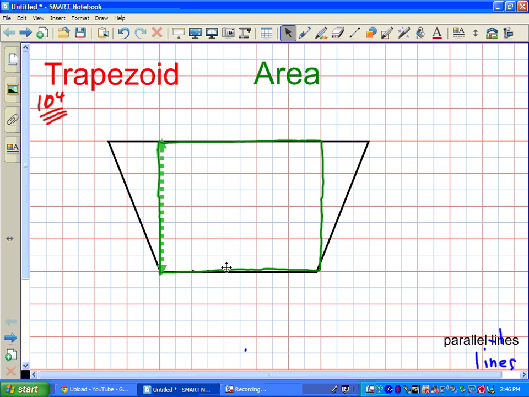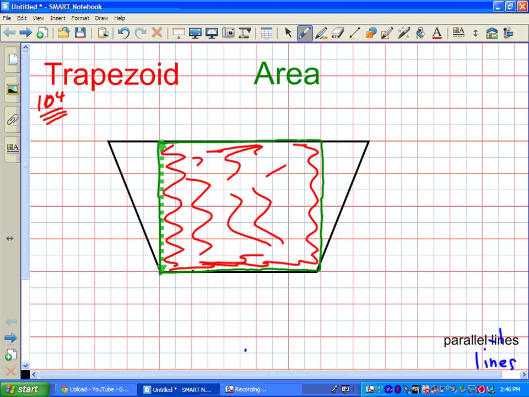Now, let's highlight it, if I can. I think I can, with one of my special pens. Let's see if there's something a little bit better. Oh, keep that. I'll just color it in. We're going to find the area of this rectangle.